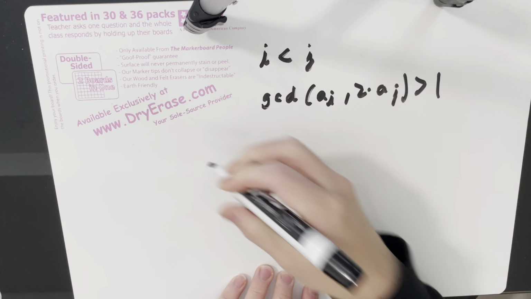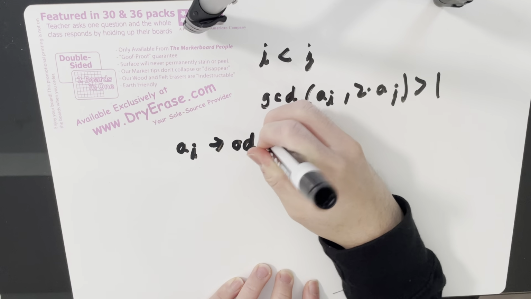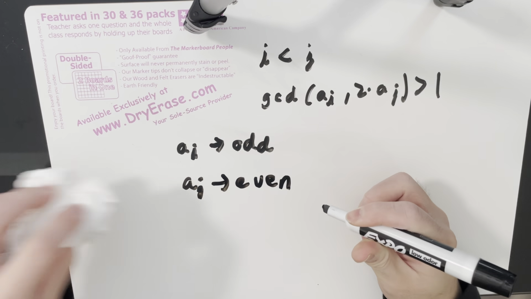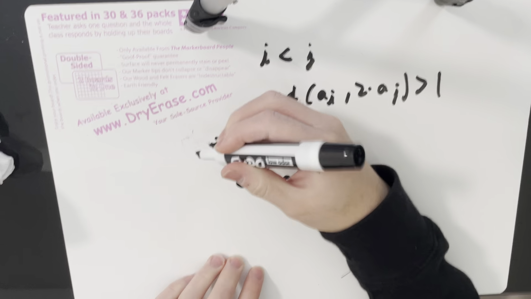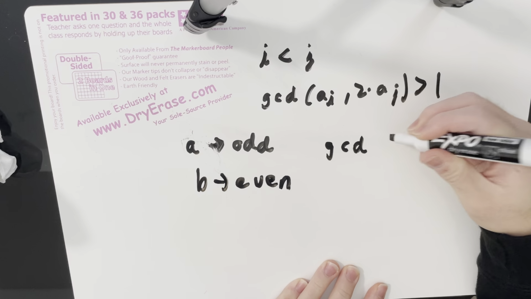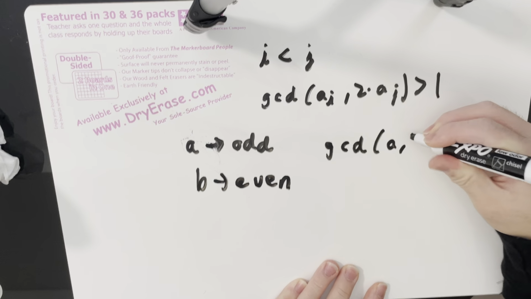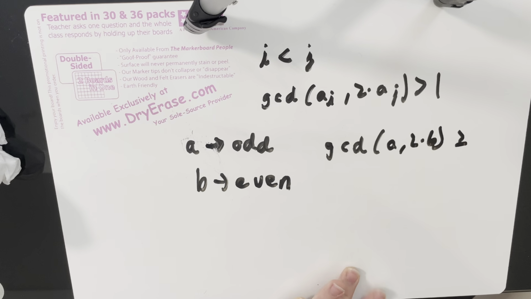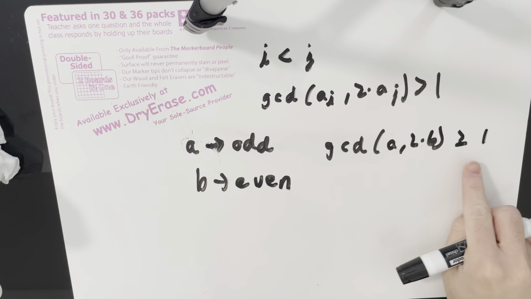To write this out, for example, if A is odd and B is even, where A and B are some values in the array, the GCD of A and 2 times B could be greater than 1, for example if both A and B are multiples of 3, but it's also possible that their GCD is equal to 1.